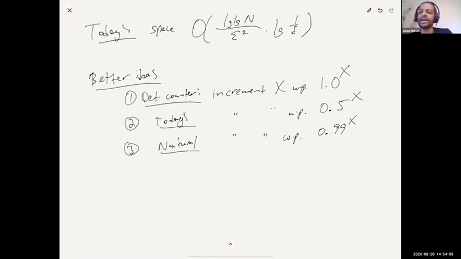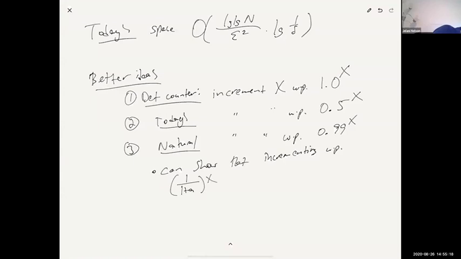So a natural guess is that the variance smoothly decays as you increase the base of that exponential. And in fact, if you do the calculation, it's true. You can show that it does decrease. So if you do this, you can show that incrementing with probability 1 over 1 plus a to the x works for a being something like basically epsilon squared times delta.